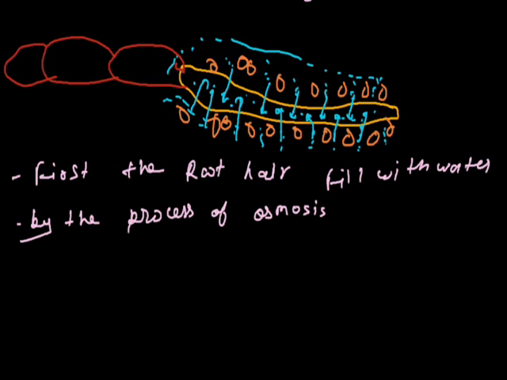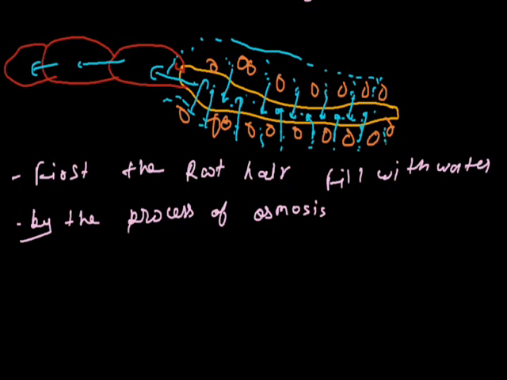Water gradually moves from this root hair to this cell, and from this cell to this one and this one. So there is gradual movement of water from the root hair to the different cells of the plant, by the process of osmosis.